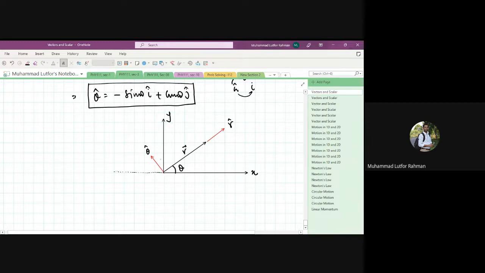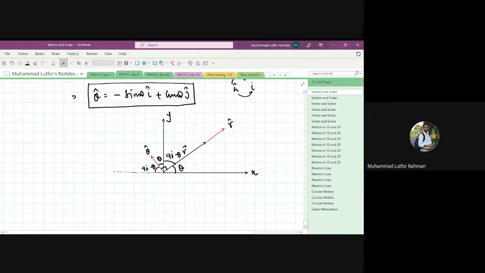Then I know this angle is 90 degrees, right? This angle is theta. This angle is 90 degrees minus theta, then definitely this is going to be theta, and this is going to be 90 degrees minus theta. Right. Now I know how to take the components.